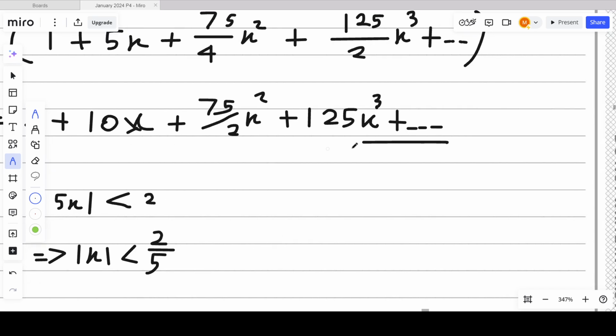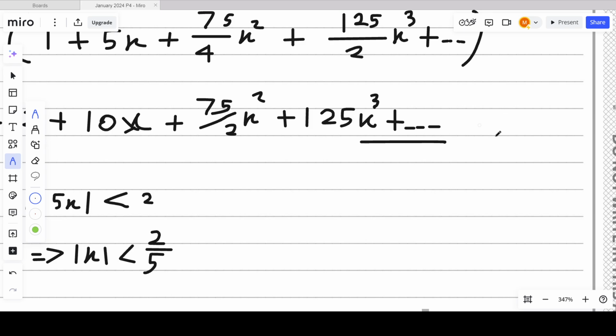That means the higher powers of x can be ignored, because the values of these terms would be so small that if you ignore them, it will not have any impact on the final converged value.